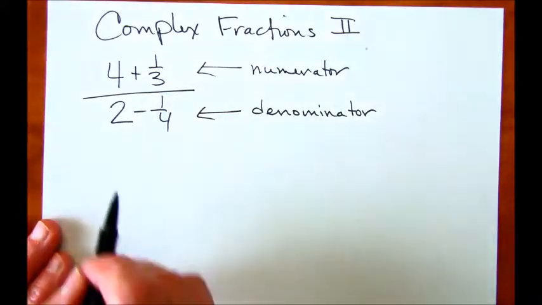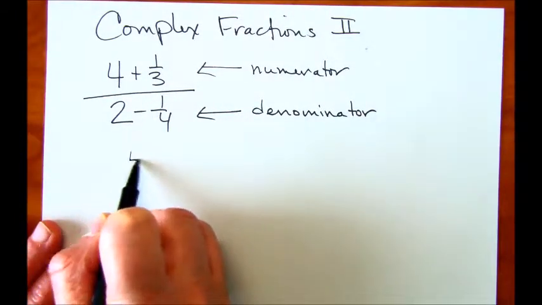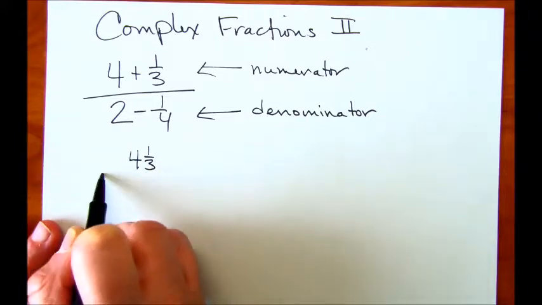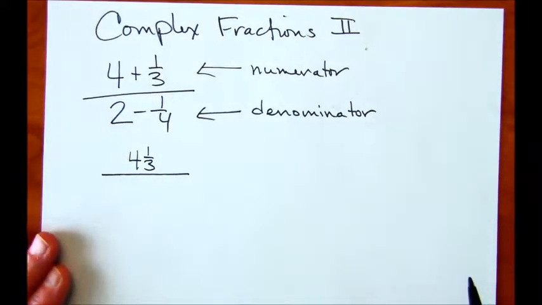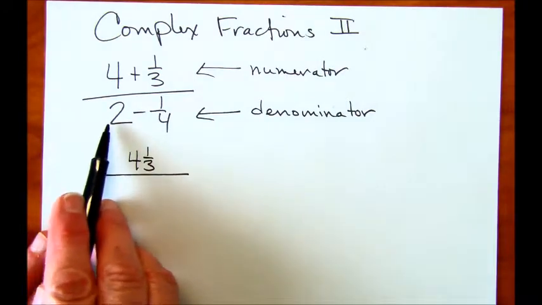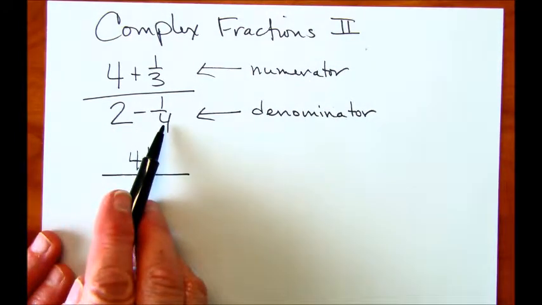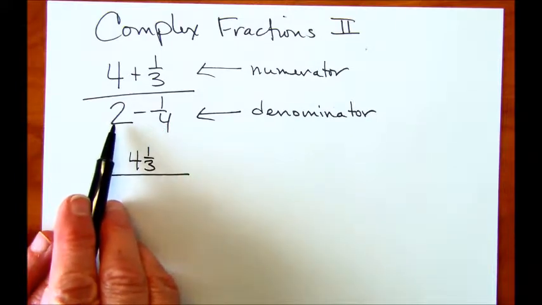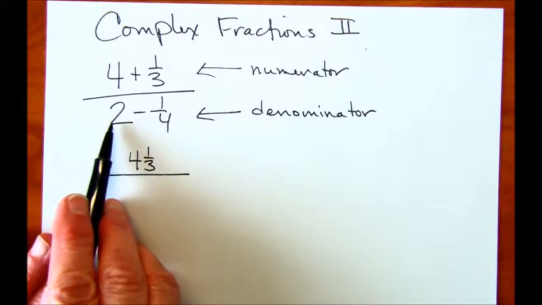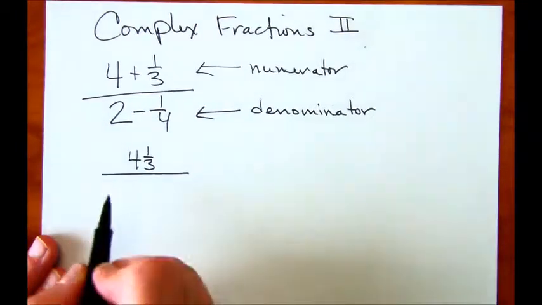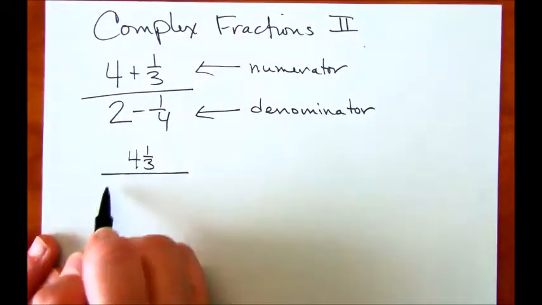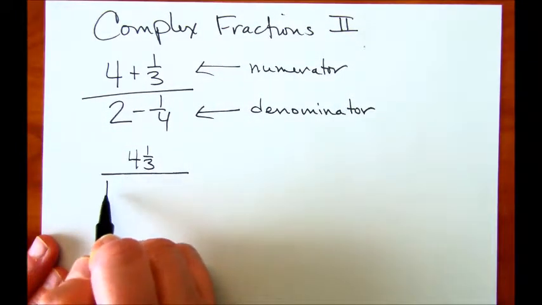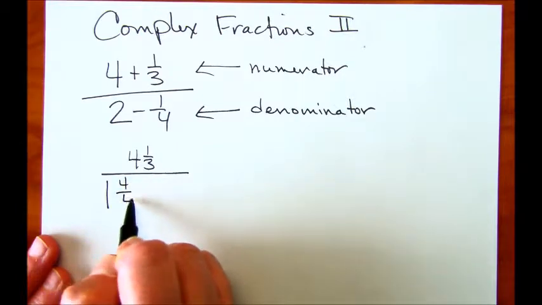So 4 plus 1/3 is just going to be 4 1/3. That was pretty easy. But this one is a little bit harder because we can't take 1/4 away from a whole number. We have to make that into a mixed number, and I'm going to take 1 away from that 2 and make it 1 4/4.